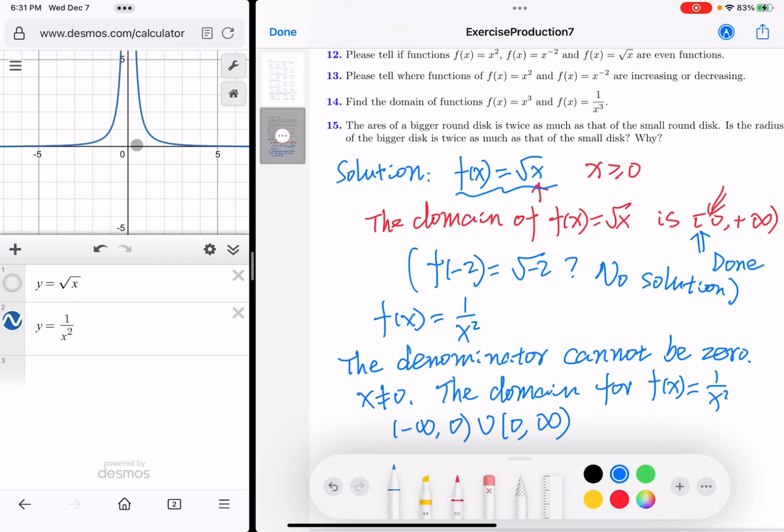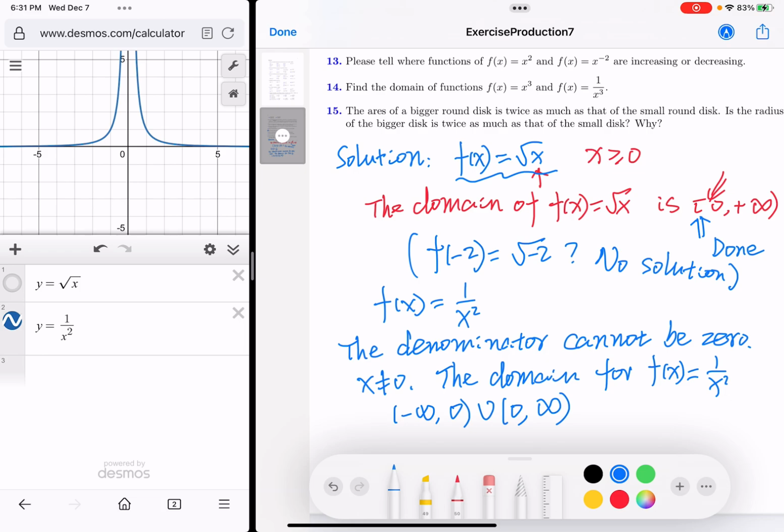But when x is very close to 0, then there is one. For example, if x equals, let's say, 1/2, which is actually 0.5, then you have f of 0.5 equals 1 over 0.5 squared.